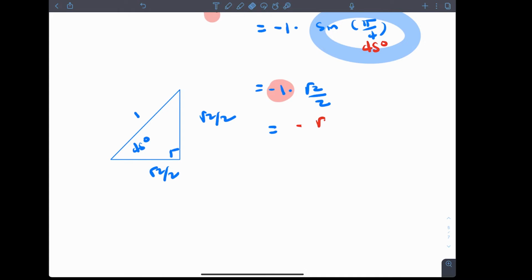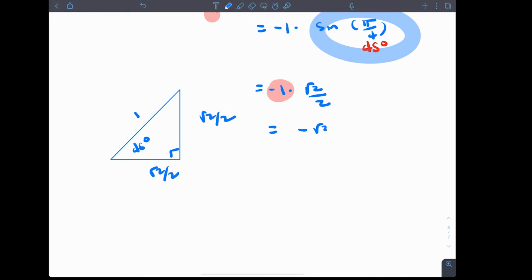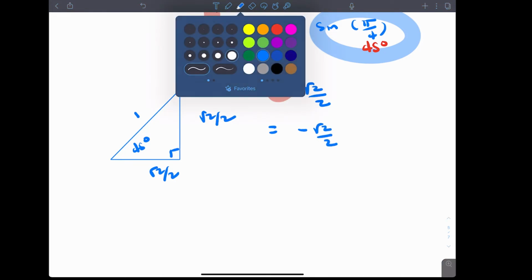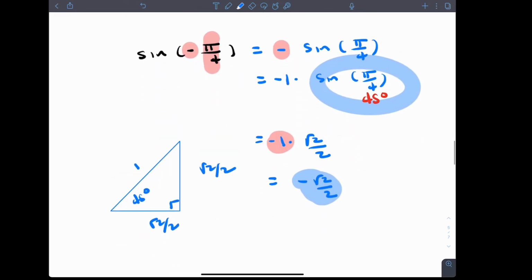Square root of 2 over 2. So, ladies and gentlemen, there you go. That's your first negative angle, ladies and gentlemen. All right, you guys okay with that? Is that easy or is that hard?